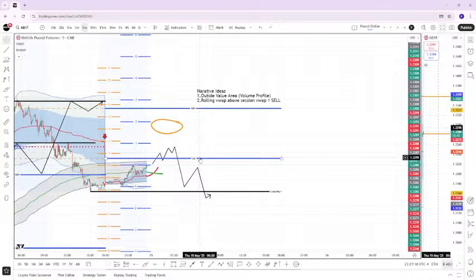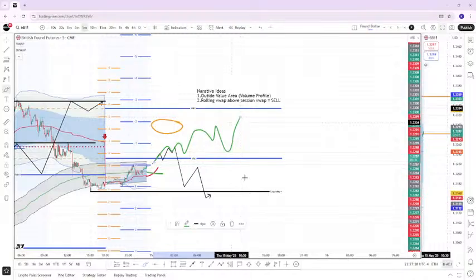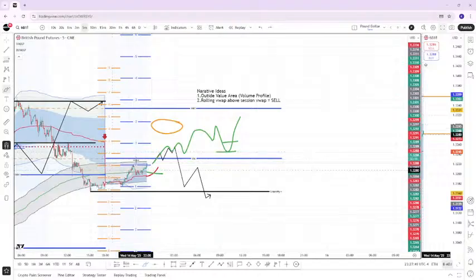W is in the chat, yeah, it is a bit delayed. If it gets back into the value area, so if price gets back into here, I'm going to look for a continuation buy from this level, sorry, and this level here at 8 to 930.